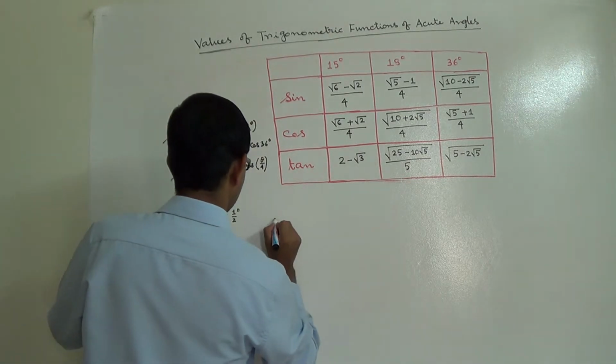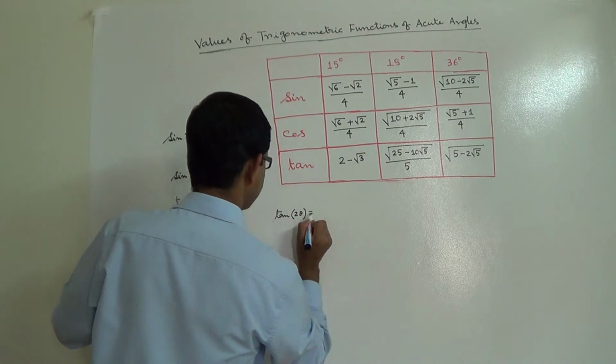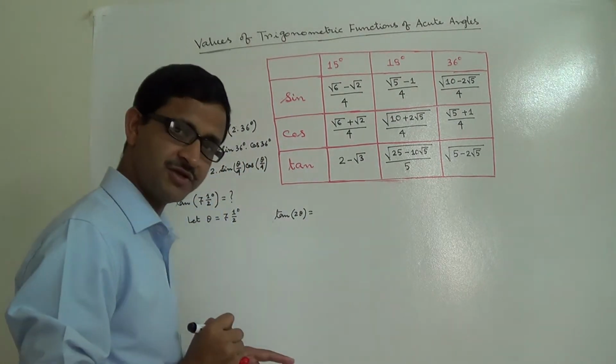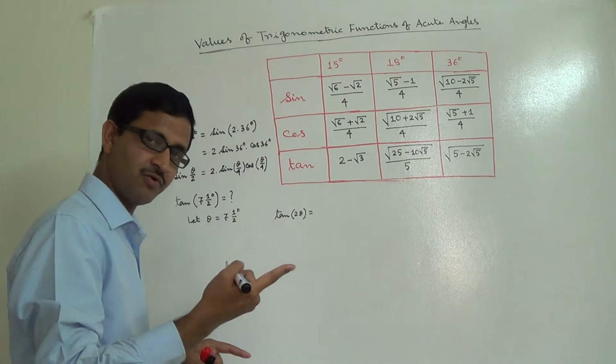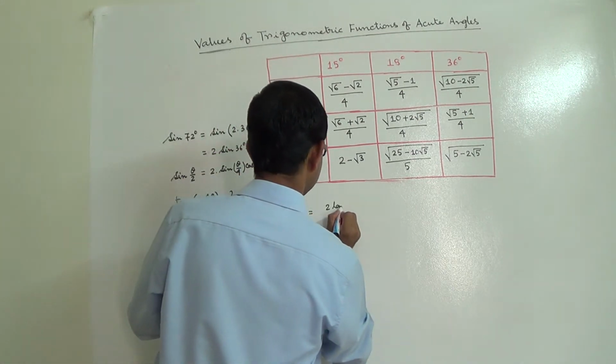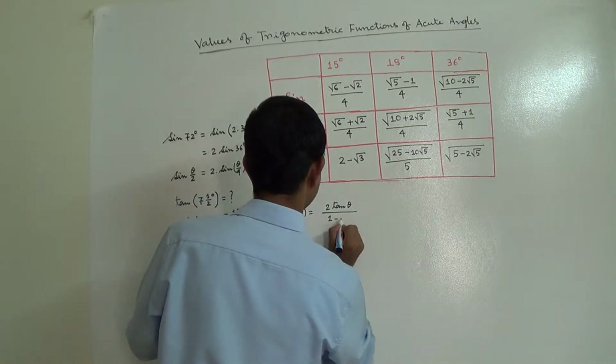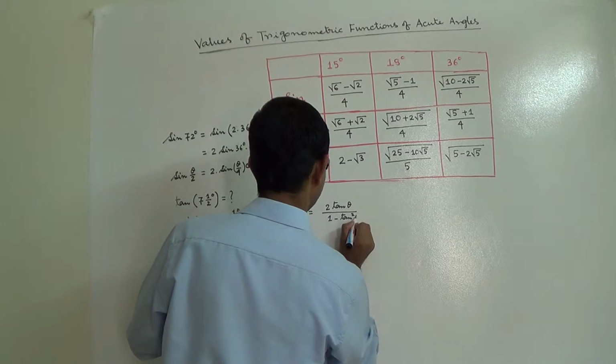So now what can I write? Tan 2 theta, we know the formula from the formula of multiple angles: 2 tan theta divided by 1 minus tan square theta.